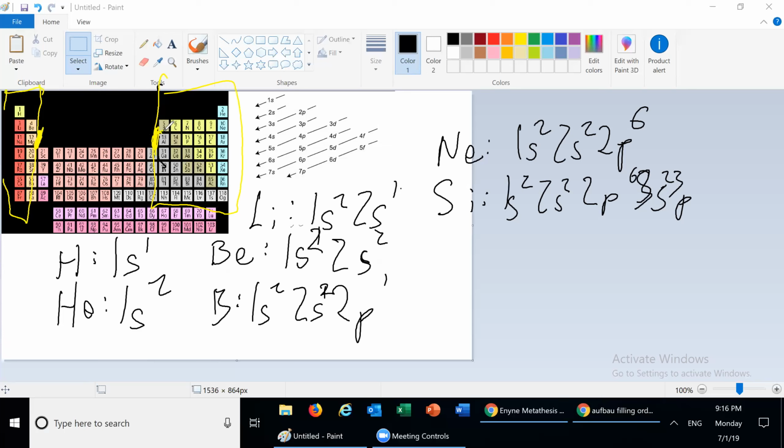So now we have only 2 electrons in the 3p orbital, right? So 2. And if you want to double check your work, notice that all of these numbers need to sum together to the atomic number.